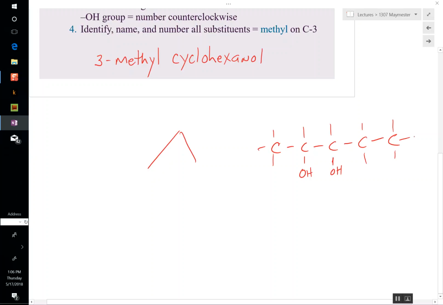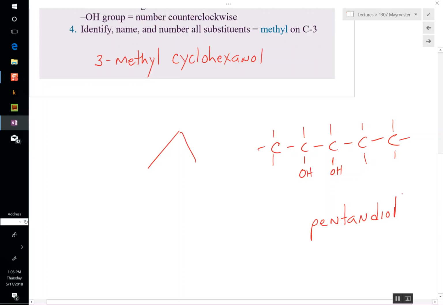This would be pentane, so it'd be pentanol, pentane diol, I guess. Is that what it would be?